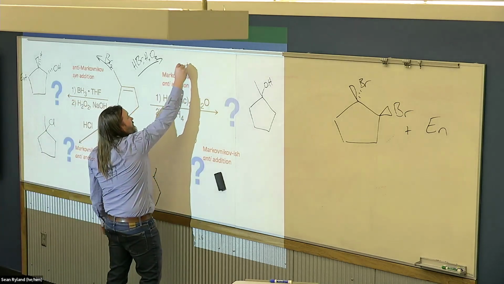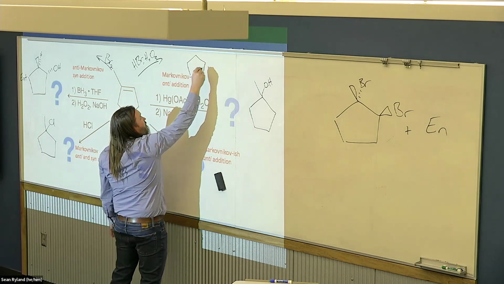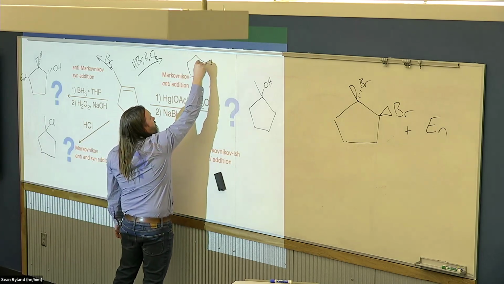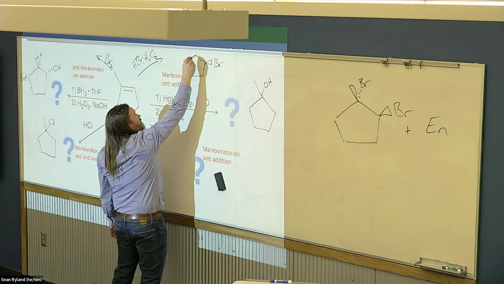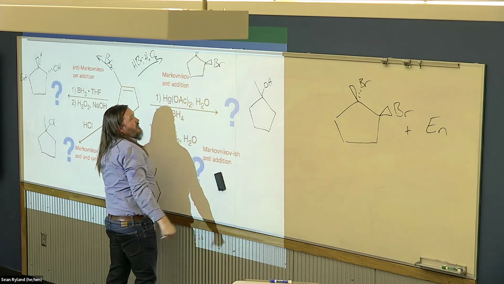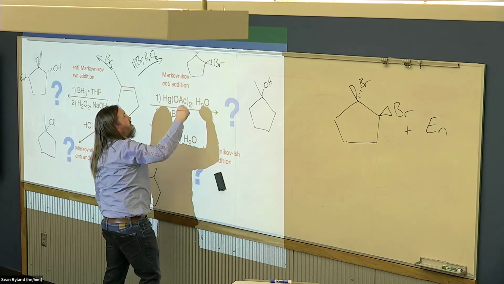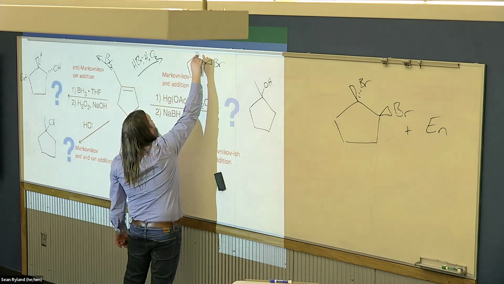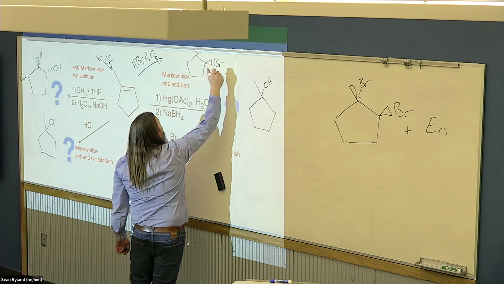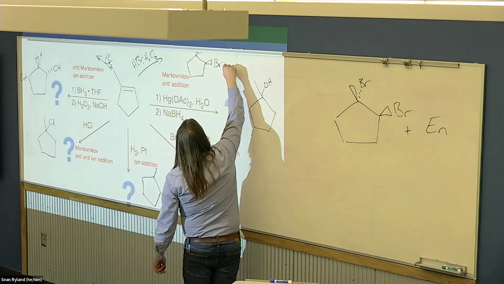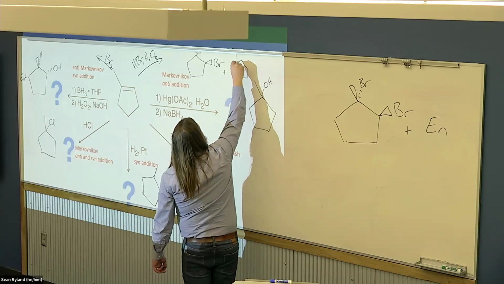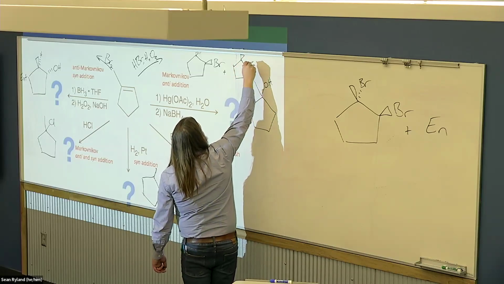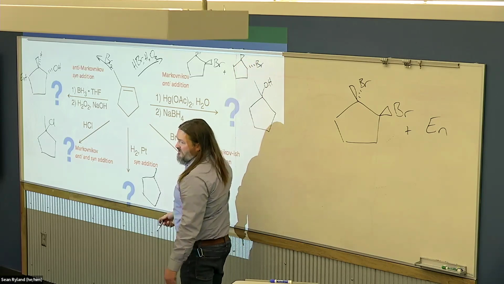So we wind up with a methyl, plus the opposite. Not the enantiomer, because you're only flipping one of the stereocenters.